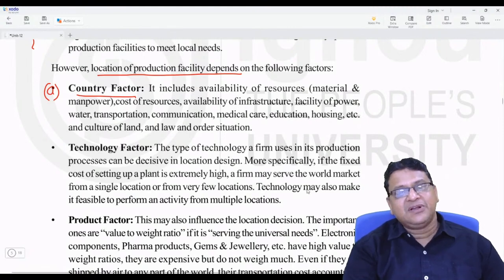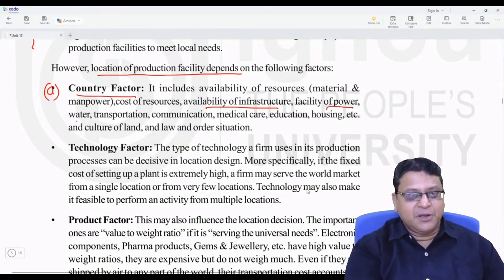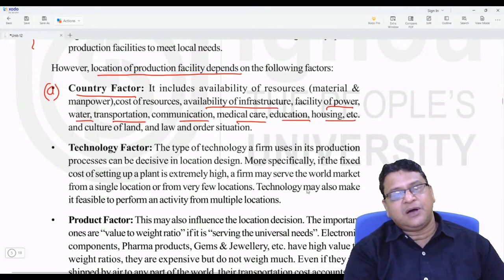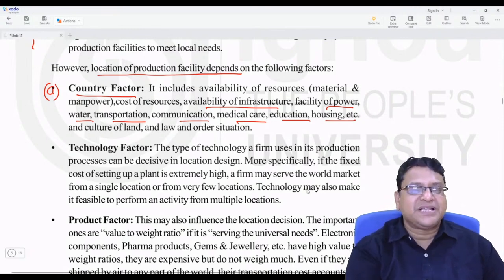What is country factor? Country factor simply means the availability of infrastructure, availability of power, availability of water, availability of transportation, availability of communication facility, medical care, education, housing facility in the area where you want to set up your production base, whether all these things are available or not.